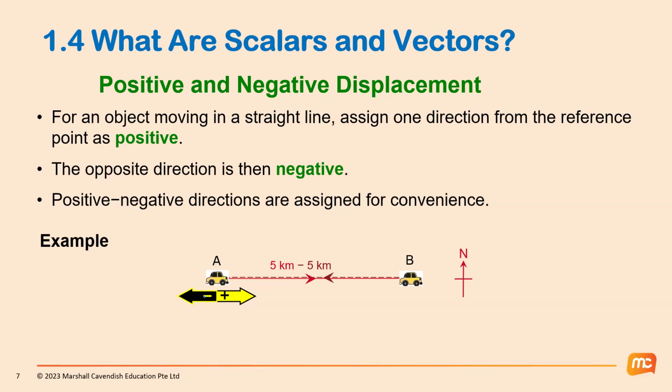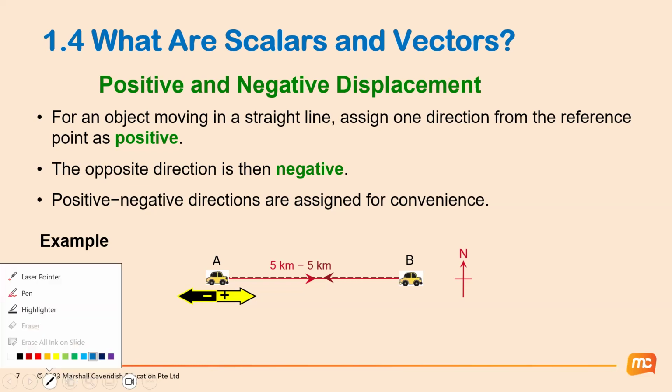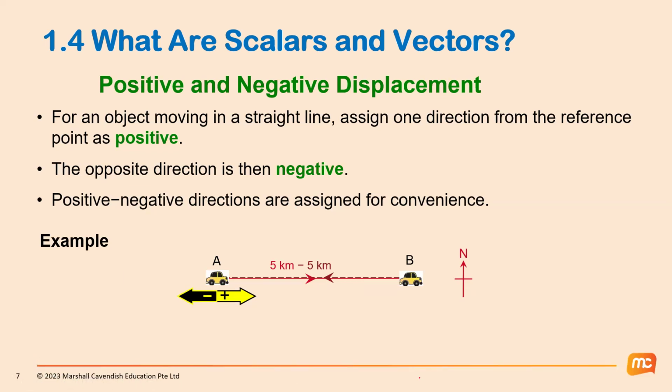And then after that, my car moved back from B to A. Let me just jot down over here the distance that I have covered from A to B. The distance that I have covered would have been 5 plus 5 because there is no negative. I travel 5 kilometers forward to the right and 5 kilometers backwards. So the total distance I have covered is 10 kilometers.